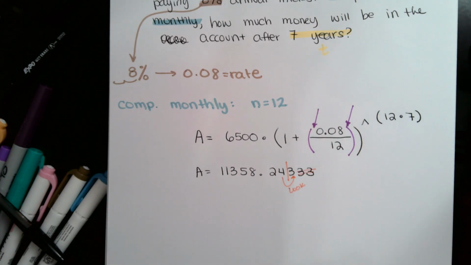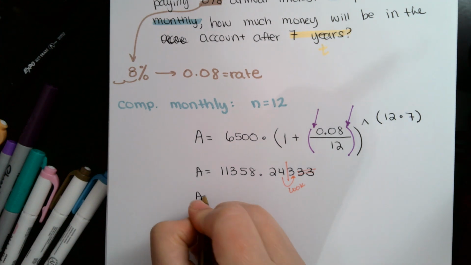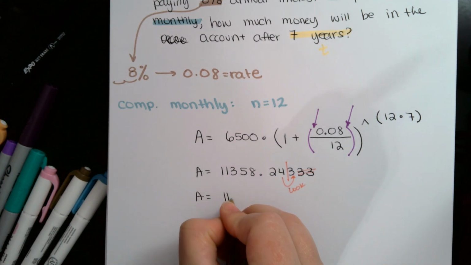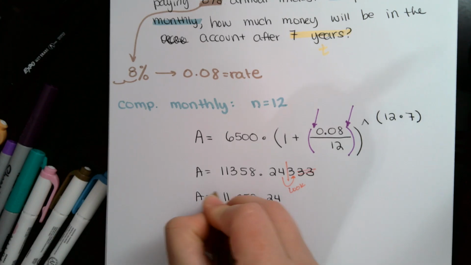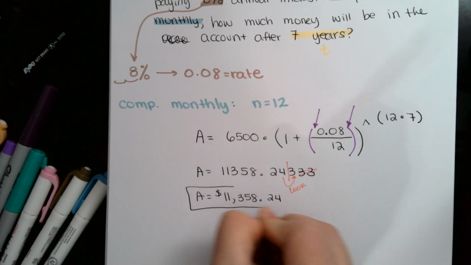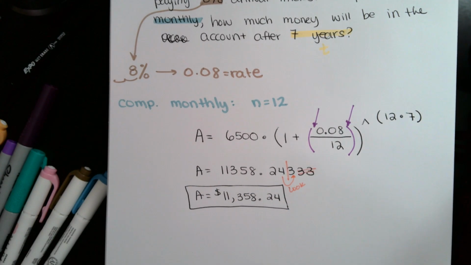We are staying the way that we are. So that means my answer is going to be my after amount, $11,358.24. Be careful on rounding. People get very upset if you take away their money.